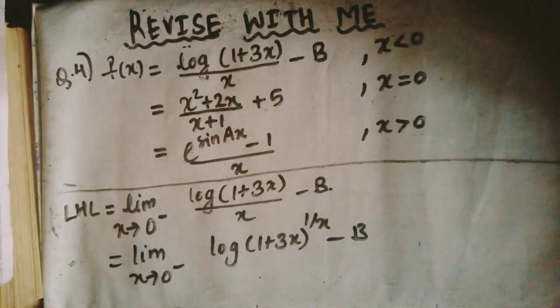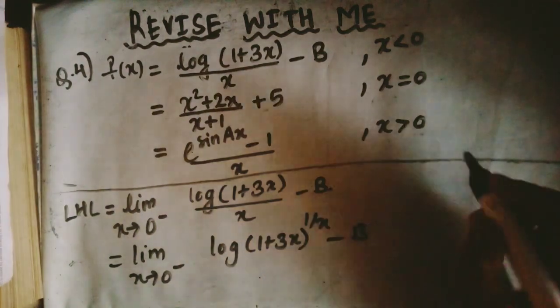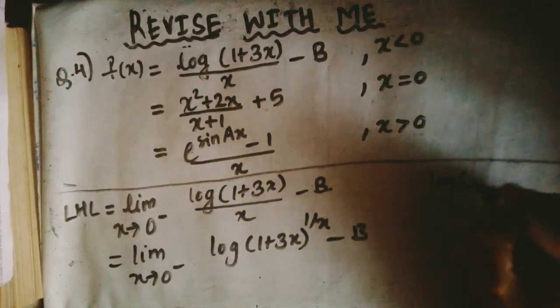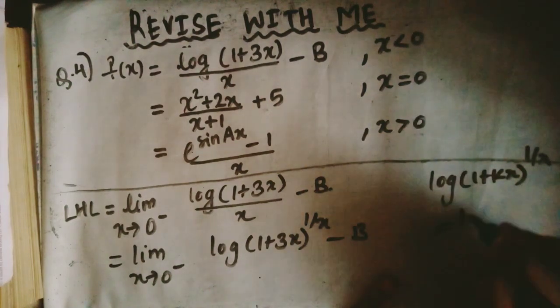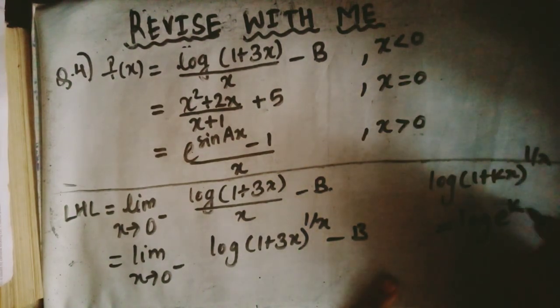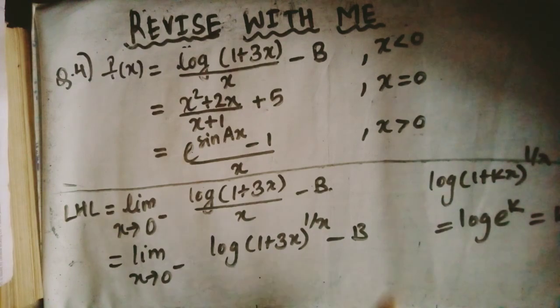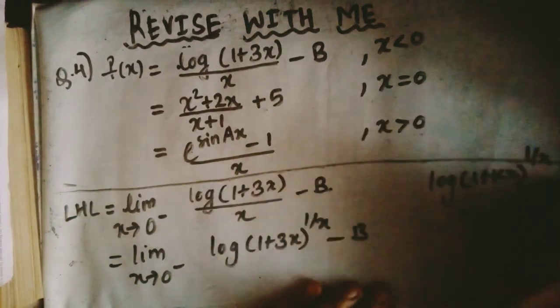Using the limit formula it becomes log e cube, because whenever we take log 1 plus kx raised to 1 by x, this is log e raised to k, which is nothing but k. So the final answer is 3.